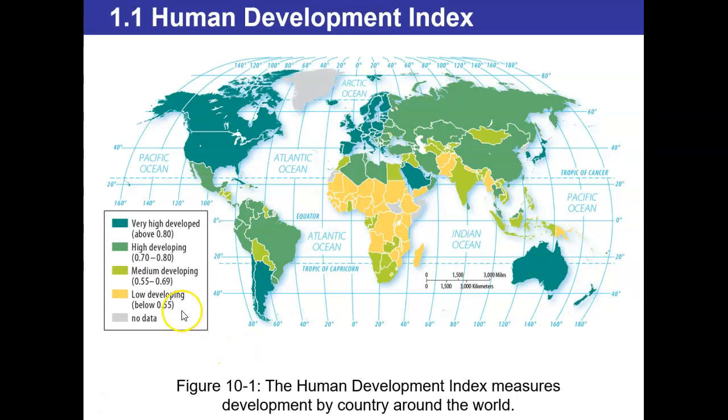As you'll also see, the high developing category will include Russia and China. The medium developing will include Egypt, India, and the Philippines. And the low developing will include Pakistan, Afghanistan, Sudan, and other countries in sub-Saharan Africa.